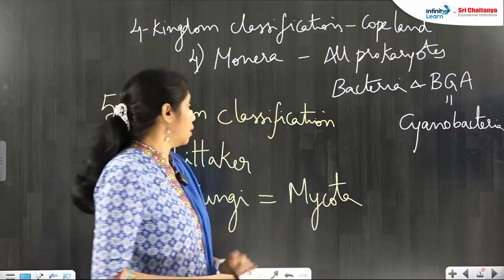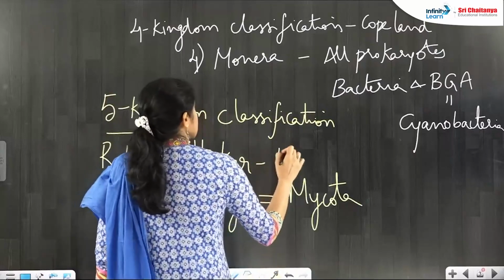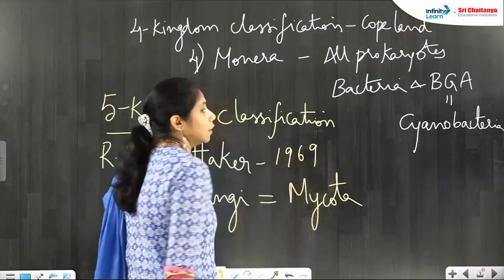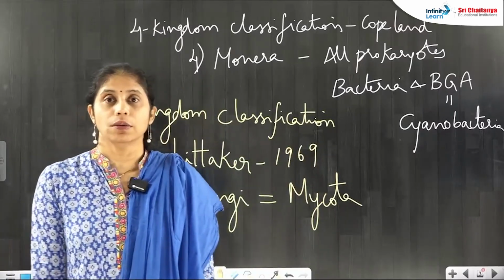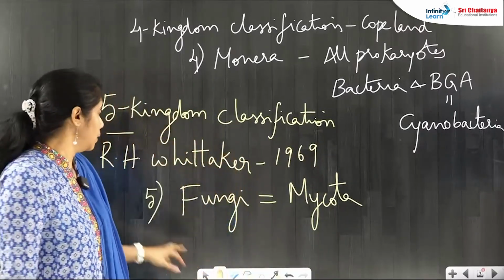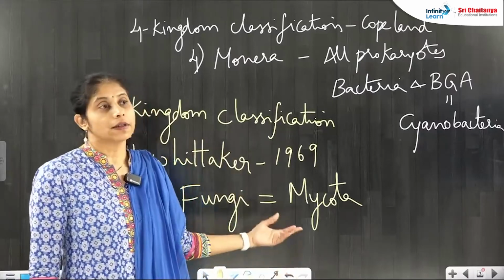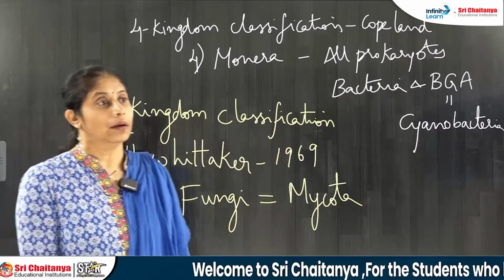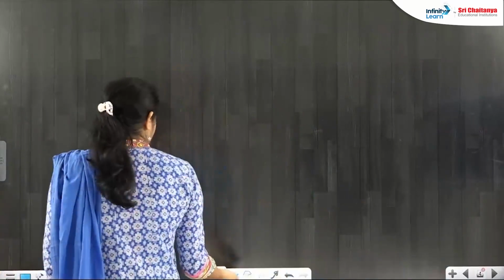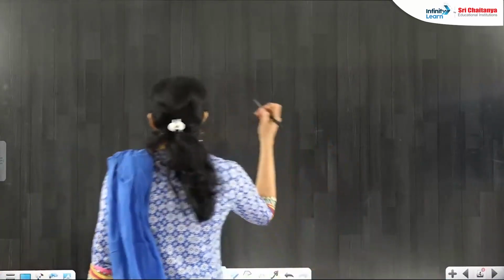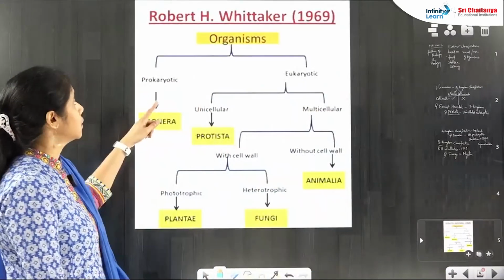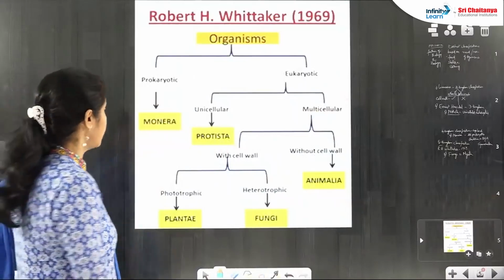Finally R.H. Whittaker in 1969 gave the five kingdom system of classification, by adding the fifth kingdom, fungi. Okay, I hope all of you understood. Now you know this is R.H. Whittaker's 1969 five kingdom system of classification.